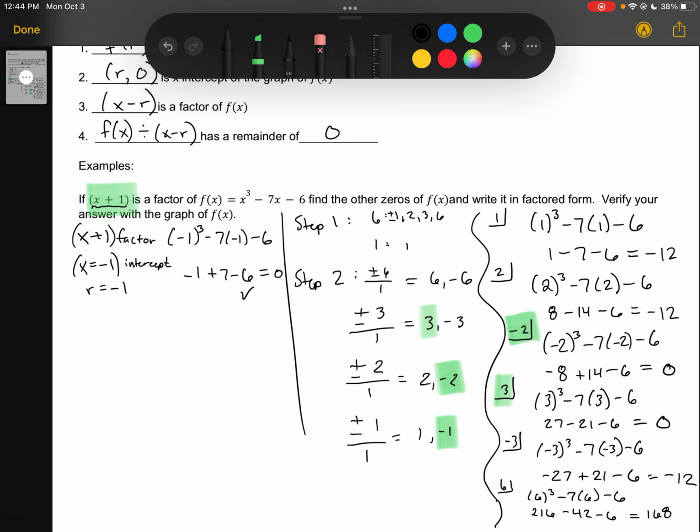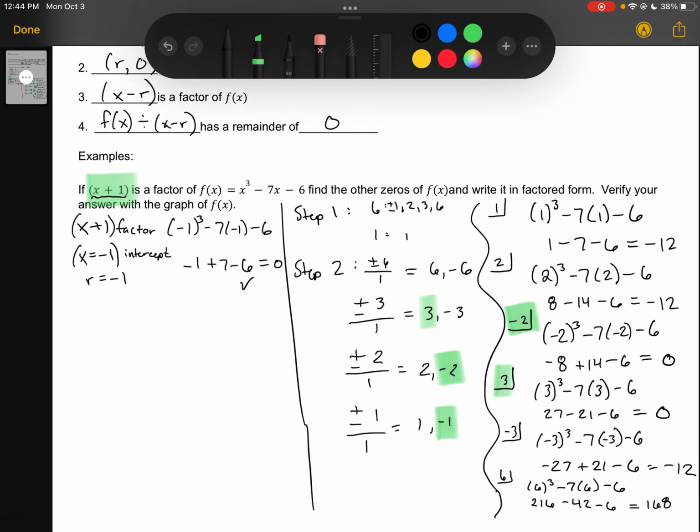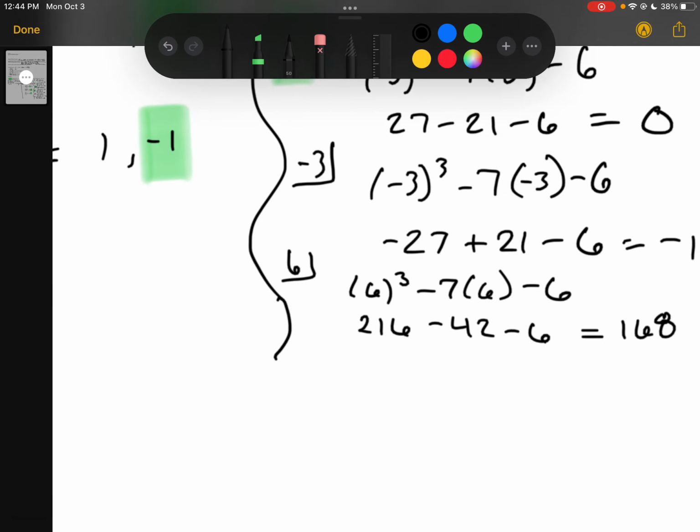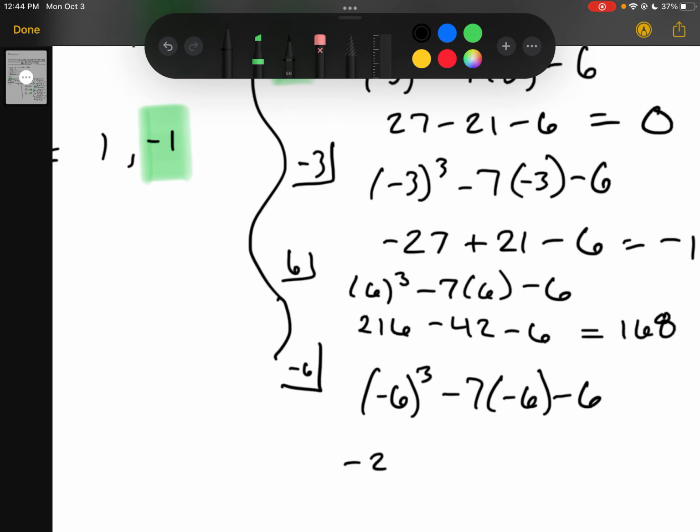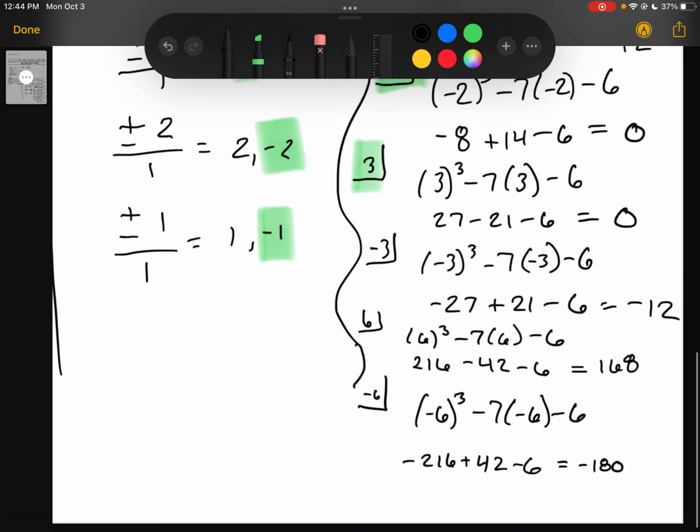Positive 6 doesn't work, and we ran out of room here, so we'll do negative 6 next. I'll use my zoom feature to give me more space. Negative 6 to the third minus 7 times negative 6 minus 6. This one comes out to negative 180, so it also does not work.